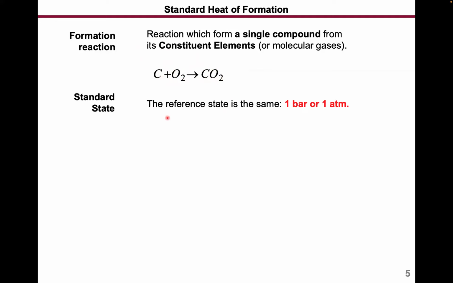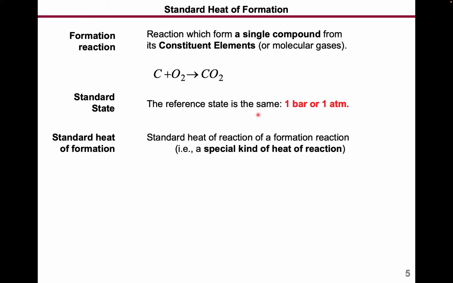And then same thing, standard state is going to be the same, right? The standard pressure is either 1 bar or 1 atm. So that's your standard state, okay? Now, standard heat of formation is basically just the standard heat of reaction of this formation reaction, okay? It's just a special kind of heat of reaction.